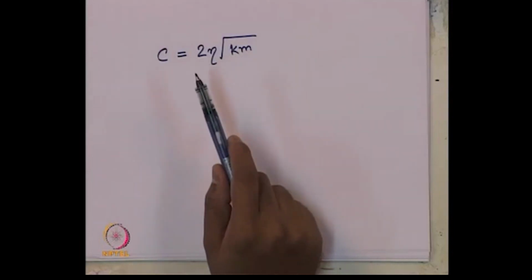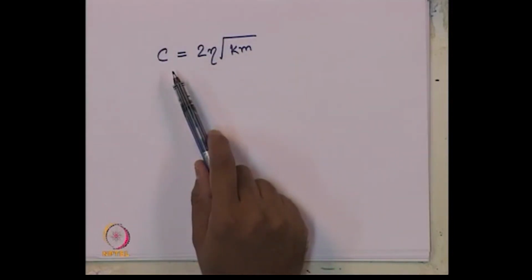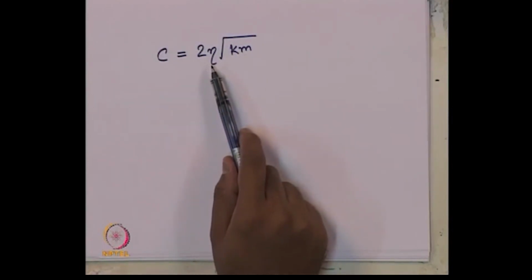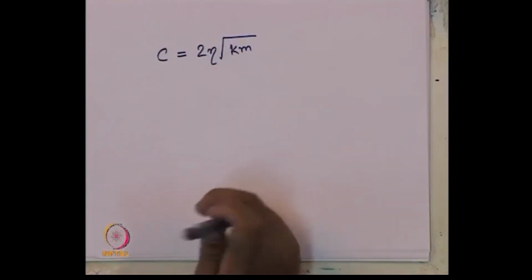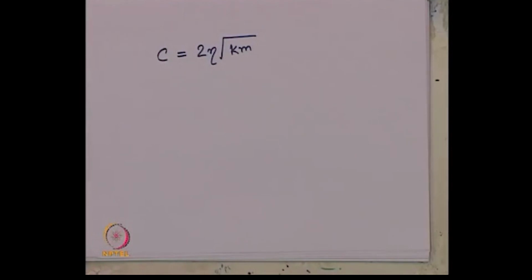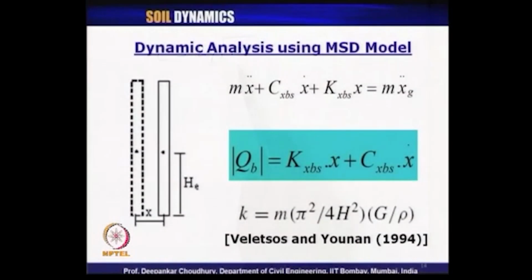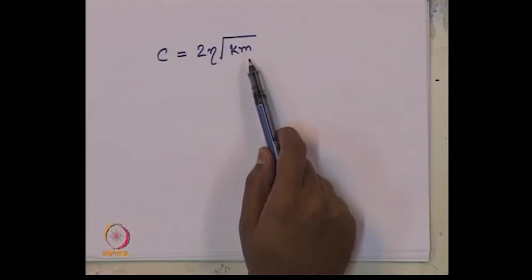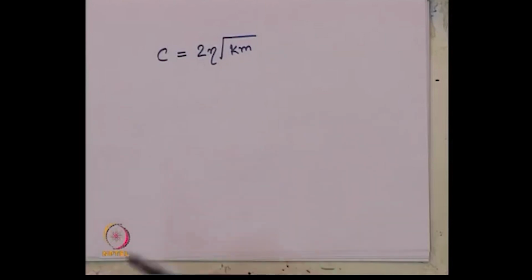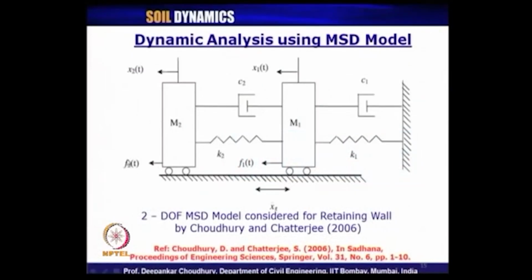So, for the estimation of damping constant of concrete or wall material, we should know the damping ratio of the concrete. So, damping ratio of the concrete is more or less known, mostly it is about 5%. So, if you consider 5% damping ratio, K just now we have estimated, M of the wall also we can calculate. So, C of the wall will be known to us. Okay? So, this way we can estimate M2, C2, K2, which is fine.